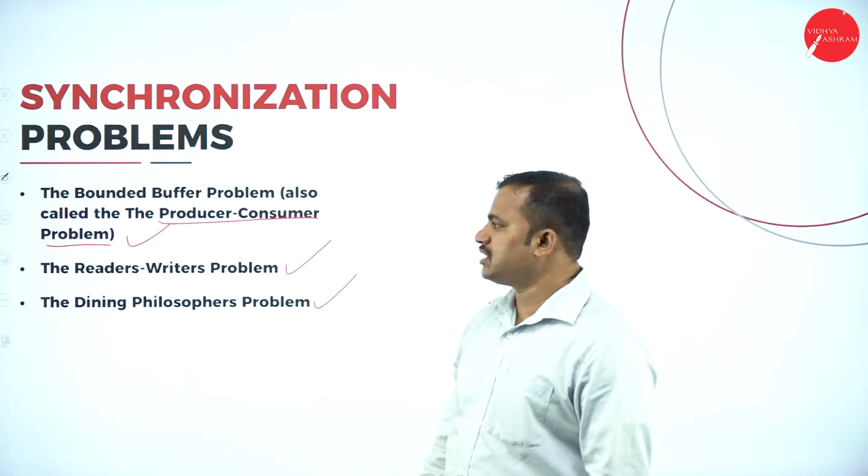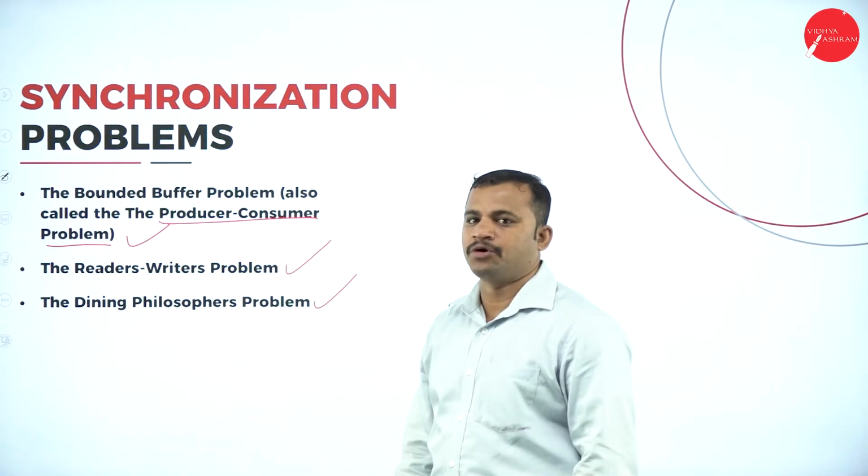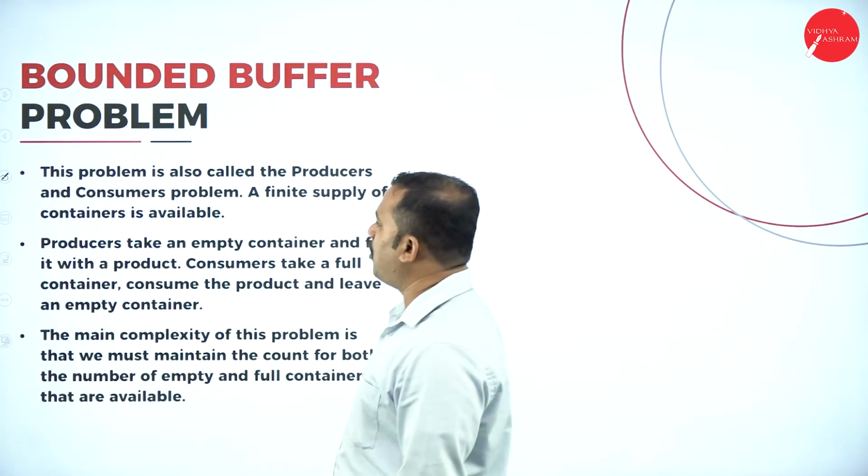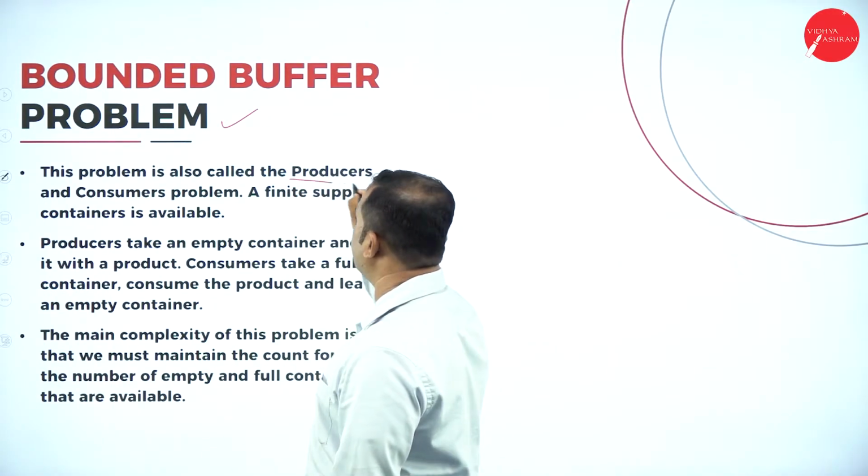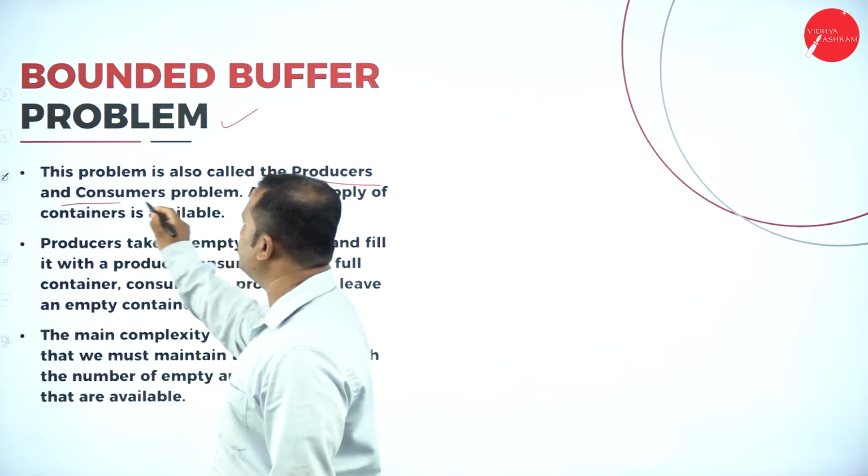Let me take up the first type of problem, the bounded buffer problem. It is also called the producers and consumers problem.